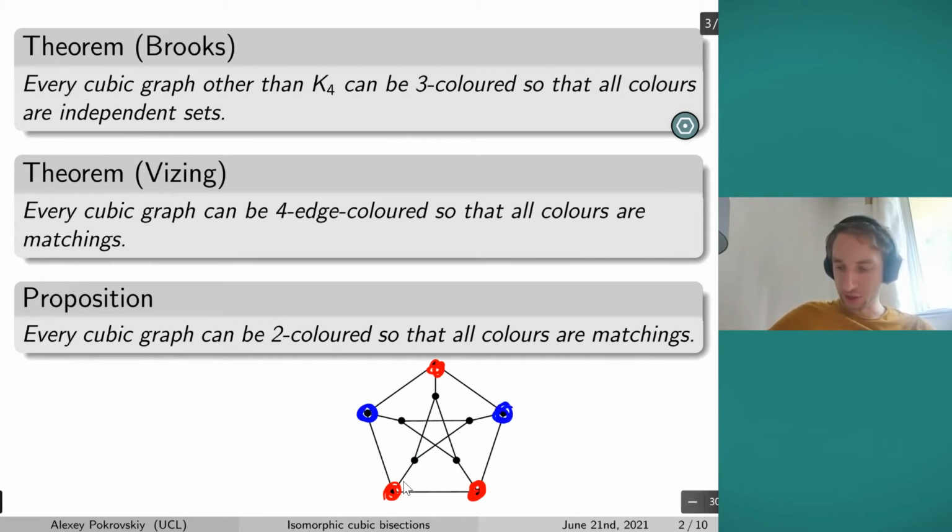So in this case, it will look like this. I've used 2 colors, and if you look at the monochromatic sets, that's one, that's one, that's another one, and they're matchings.